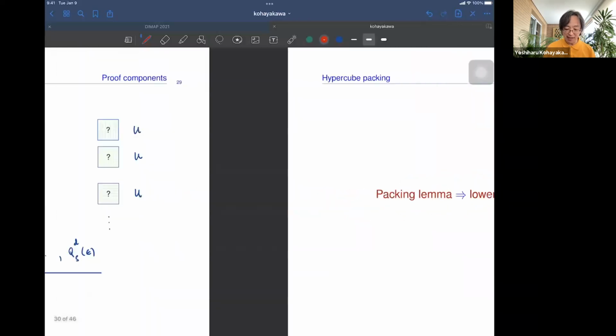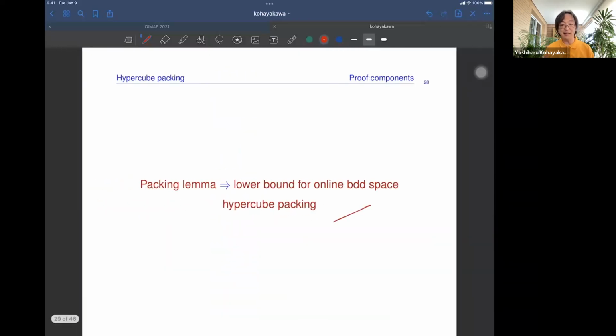I will not say this in detail, but to prove a lower bound for this online bounded space hypercube packing problem, I have to produce some instance that shows that any algorithm will do badly, right? So I was trying to describe this instance.